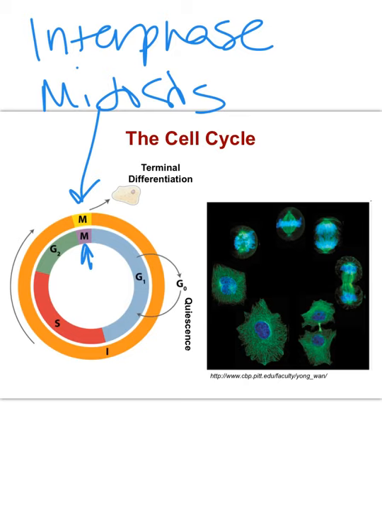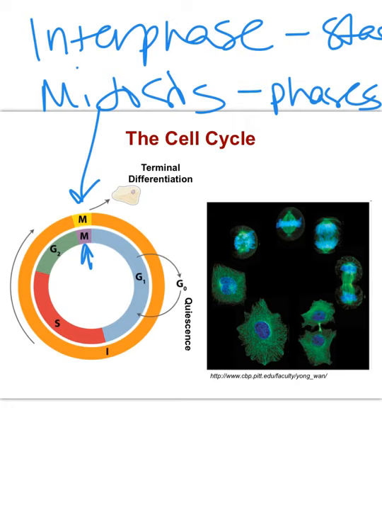The rest of it is interphase, in orange. Interphase is broken up into several stages. Don't use the word phase, right? Mitosis is the one that has phases. Interphase has stages. That's just so we don't get confused. It doesn't really matter what you call them.